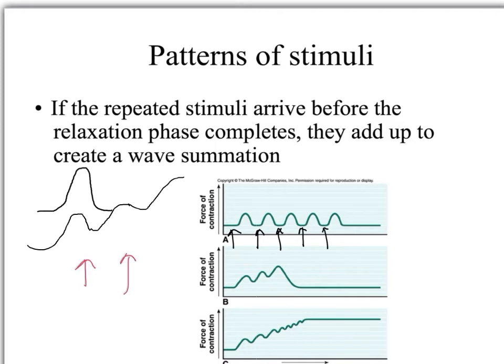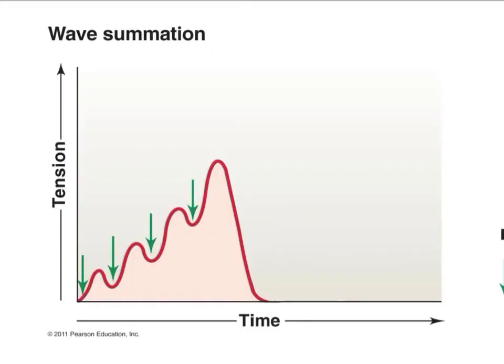So it's going to end up looking like that. So this is a very strong buildup of force or tension in the muscle. So here's another diagram. Again, what's happening, they're applying the stimulus before the muscle fiber completes relaxation. So it builds up over time.